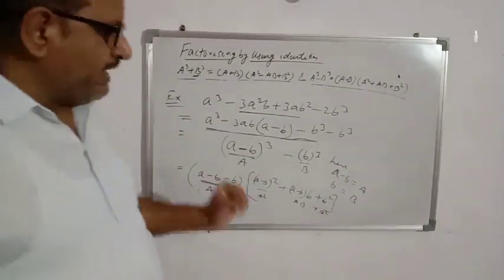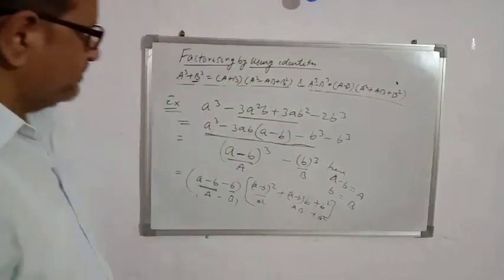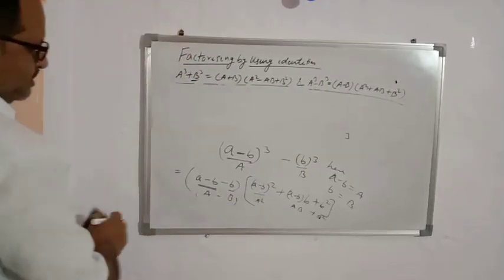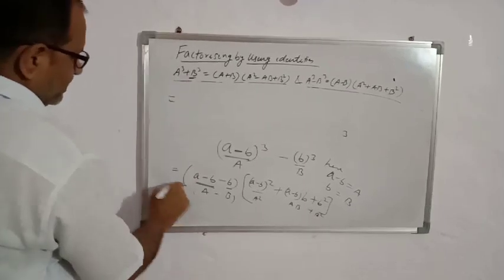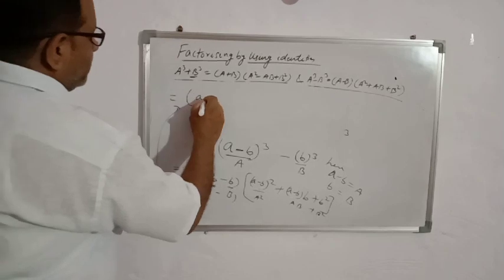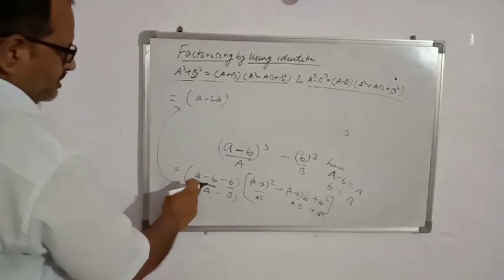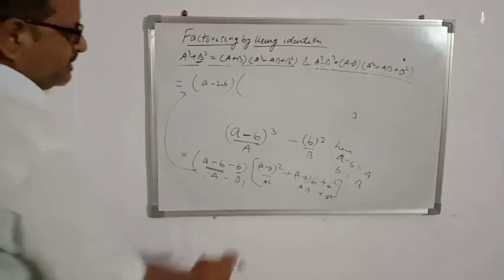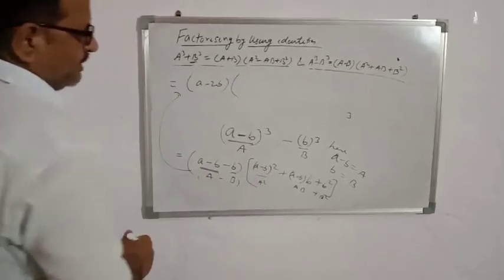Now we will simplify it. Simplify this bracket: a minus b minus b will be a minus 2b. Next bracket, a minus b whole square.